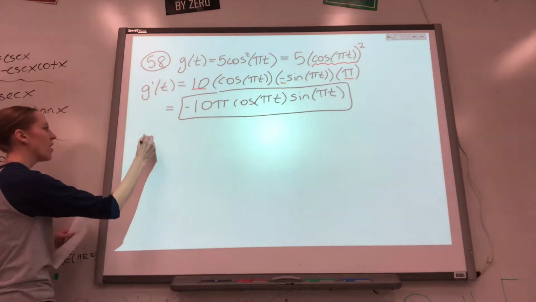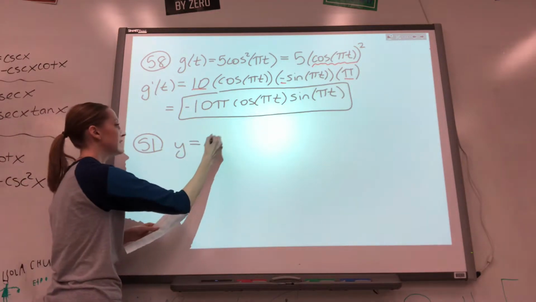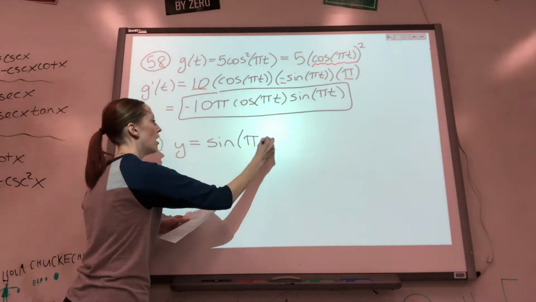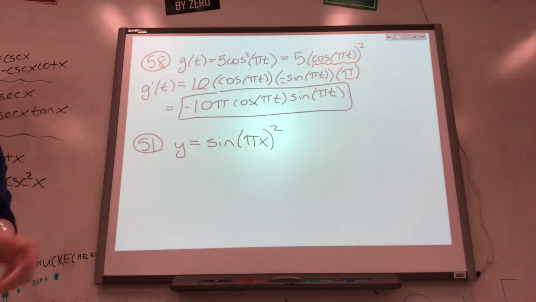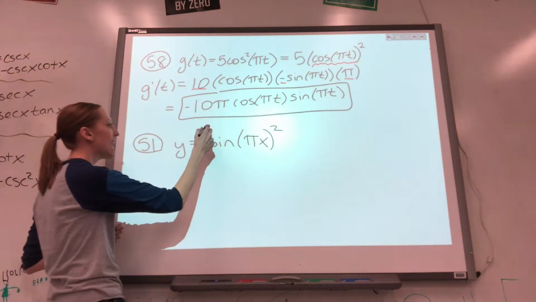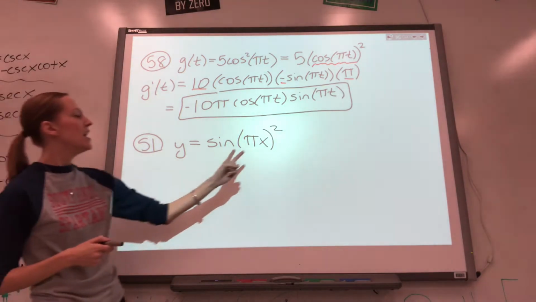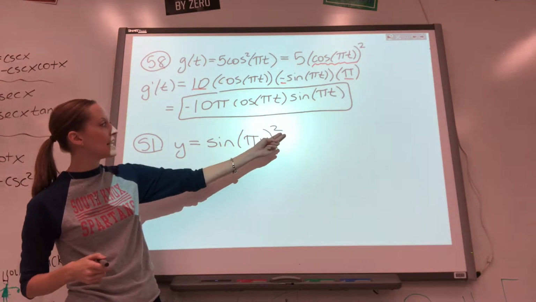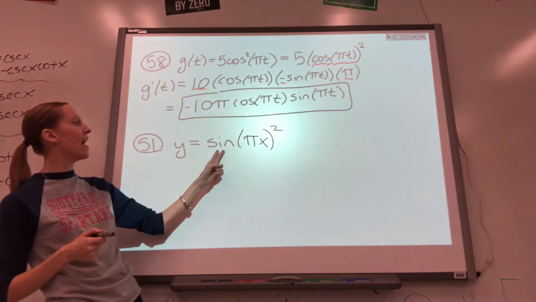So 51, it says y equals sine of pi x squared. This is a good one because it's not like that where the entire sine of pi x is being squared. The only thing being squared here is just pi x, not the part with sine.